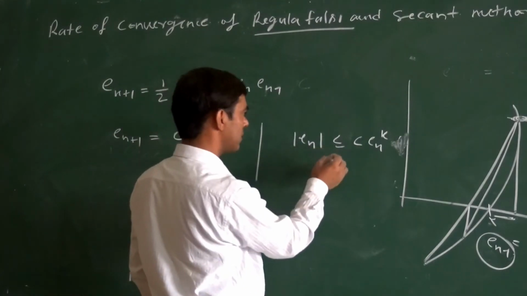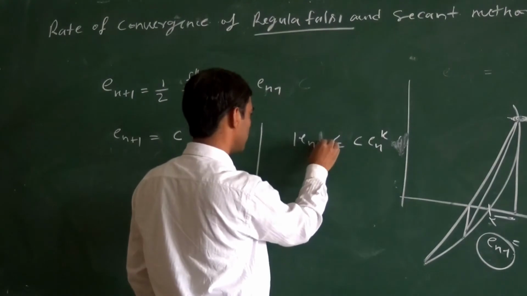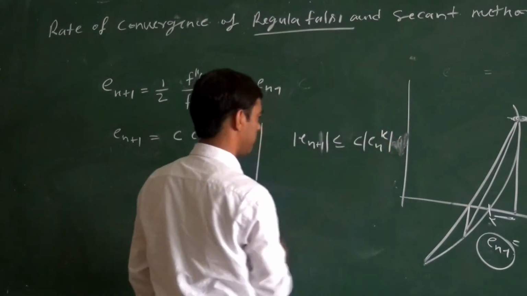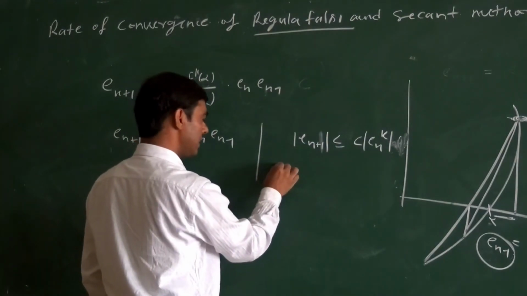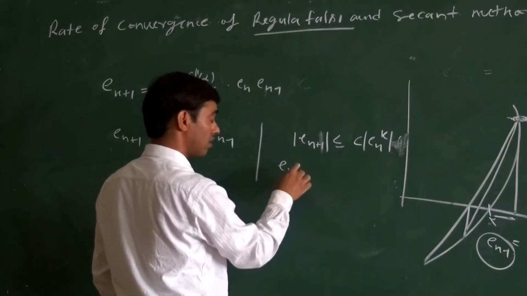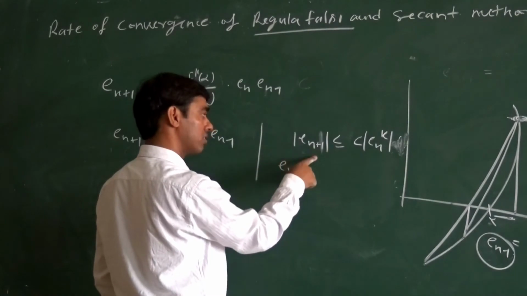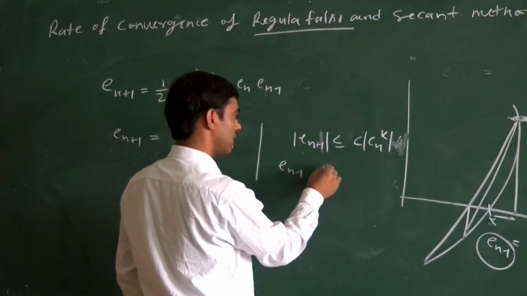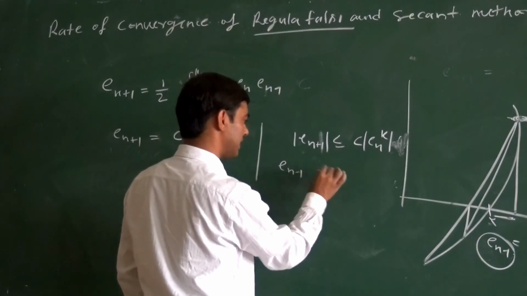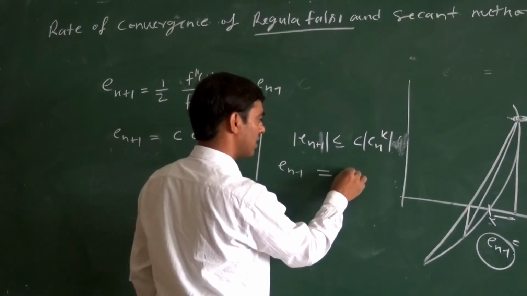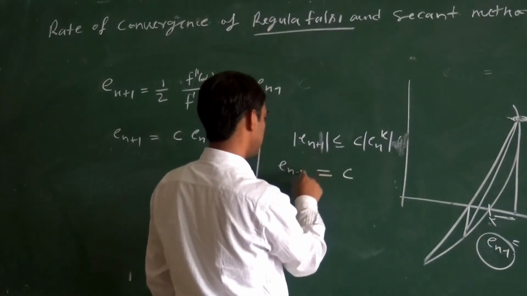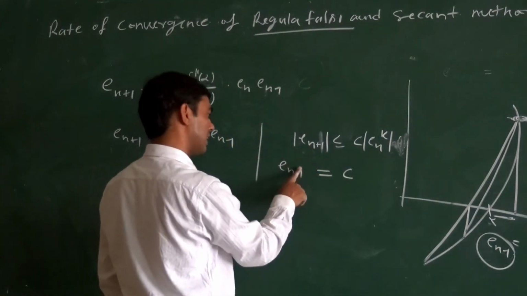So if we replace this, not En, this is En plus 1. Sorry. So mod of En to the power k. Here I am not writing the modulus because this is already a positive difference. En minus 1, for the sake of simplicity we consider this equal. Then this is C, and here in place of n we write n minus 1.